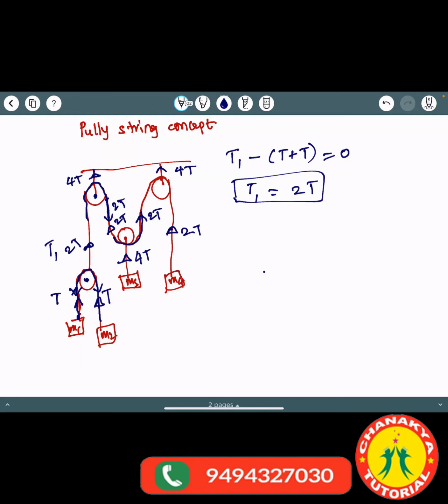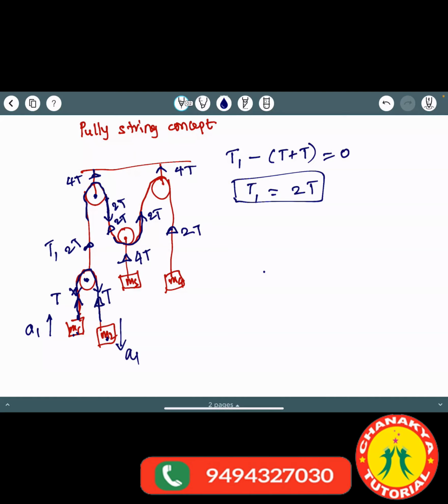Okay, now if they ask you to find the relation between accelerations of each, let us say the acceleration of this is a1. You know that the acceleration of this and this has to be the same, otherwise the string will break. They are connected to the same string, right? If this is moving up with a1, this has to move down with a1.